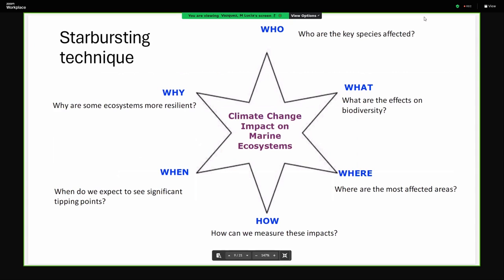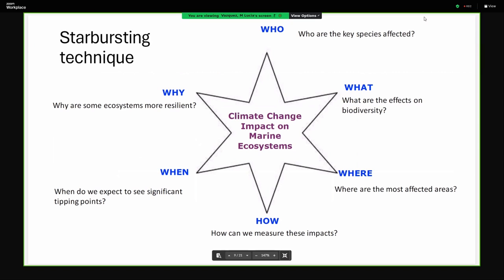Another brainstorming technique is the starbursting method. You start by drawing a star with 6 peaks. The thing here is that rather than trying to generate solutions, you generate questions. You can see here my topic is at the center: what is the impact of climate change on marine ecosystems? And you start this process, asking, what are the effects on biodiversity?